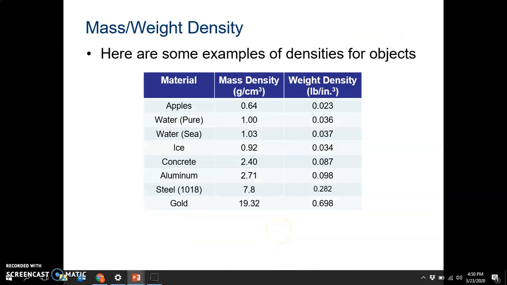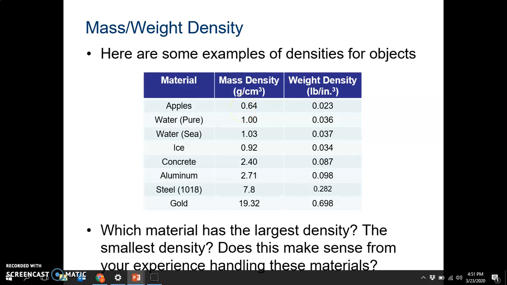Here's a chart which shows you densities for relatively common household objects. Water is the base unit. Water has a mass density of 1 gram per centimeter cubed. Gold is 19.32. Apple, kind of random, is 0.64. Which material has the largest density and the smallest density, and does that make sense?